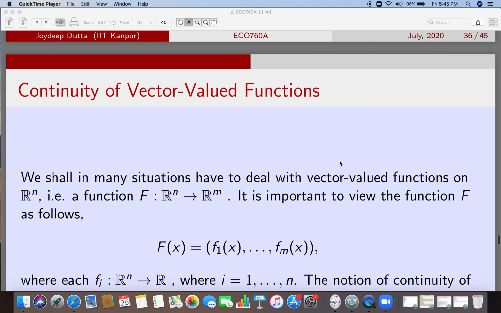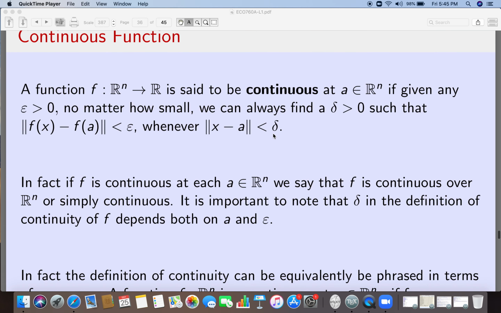There is a small mistake in the writing here. It should not be norm here, it should be mod, because f is in R. I have put a norm, instead of which I should have put an absolute value, because this is in R, so please pardon me for this.